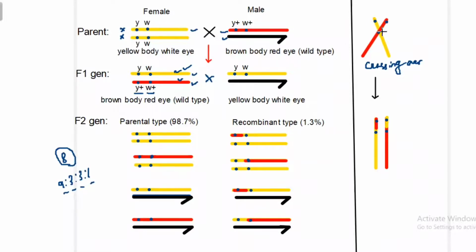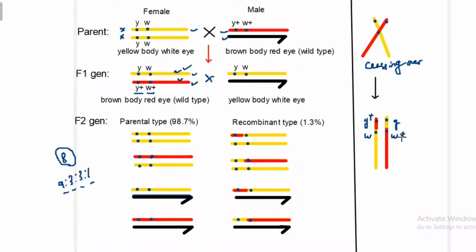If there is crossing over and part of the chromatid is exchanged, okay, so this will lead to formation of recombinant. Okay, this is Y plus W and Y W plus.